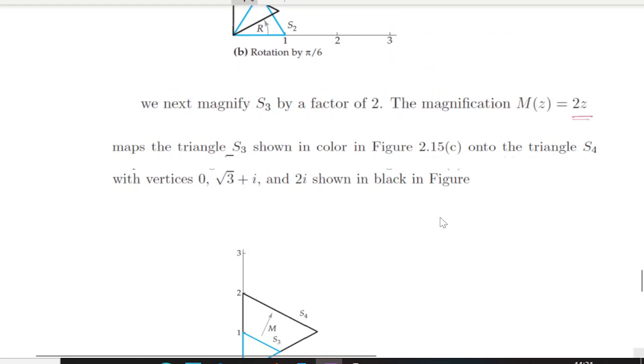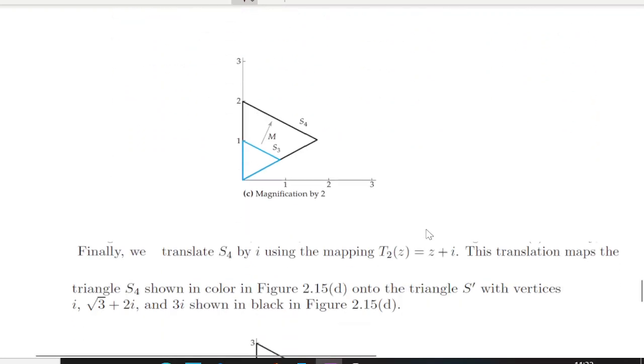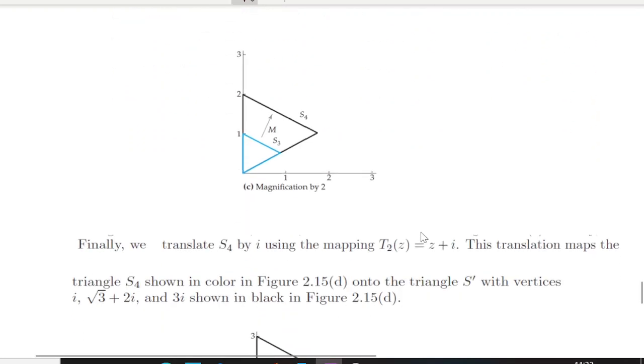So we will introduce the magnification as 2z. Map the triangle S3 shown in blue color onto a triangle S4 with vertices like this. What we are going to do is just magnify this by 2 units, so this side also 2 units and this side also.